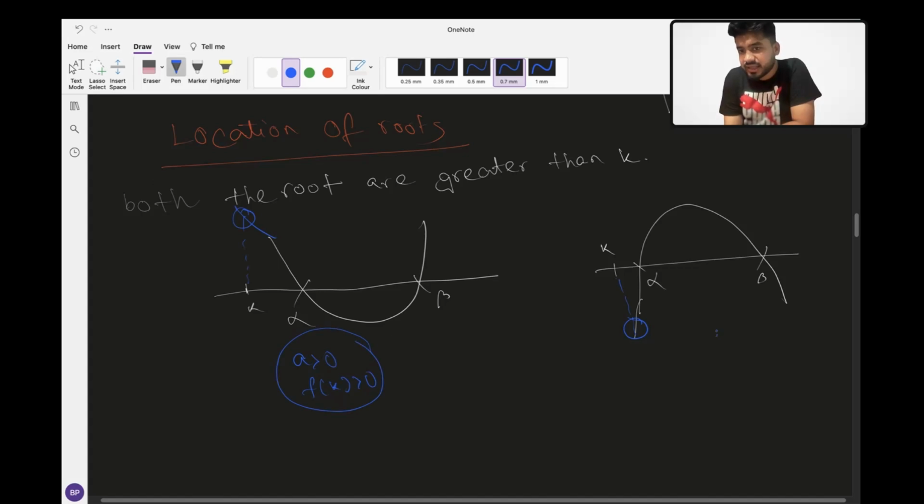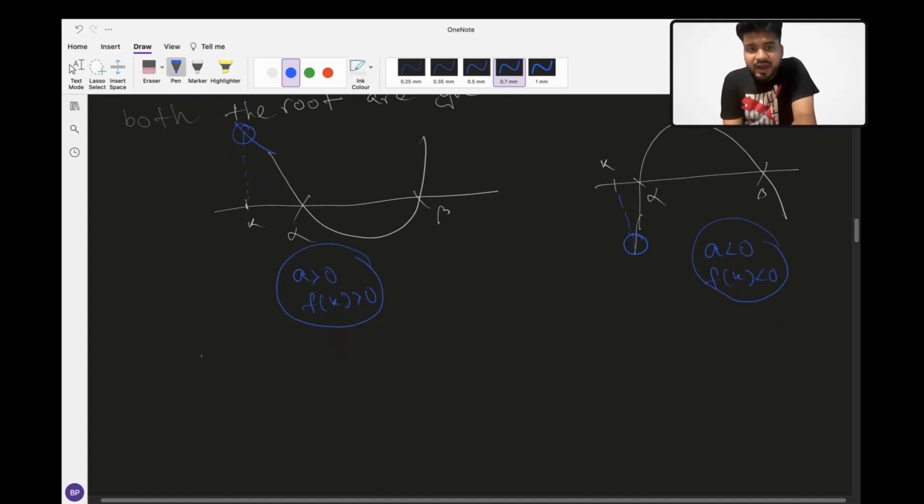But here a is negative and f(k) is also negative. So if you want to find a common criterion, what can we say? We can say a into f(k) is positive. Yes or no? So the criterion is a times f(k) is greater than 0. Now it has roots, so we can say that d is greater than or equal to 0.